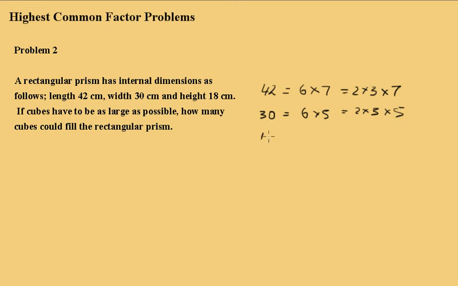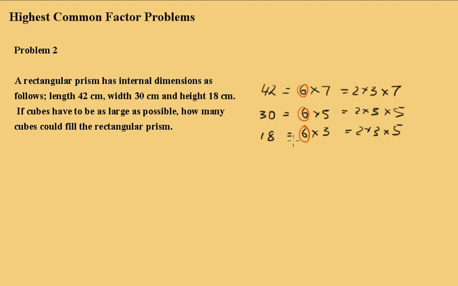And 18, well, that's 6 by 3, which is 2 by 3 by 3. So we can quite easily see that the highest common factor is actually 6. So the cubes were of length of each side 6 centimeters.